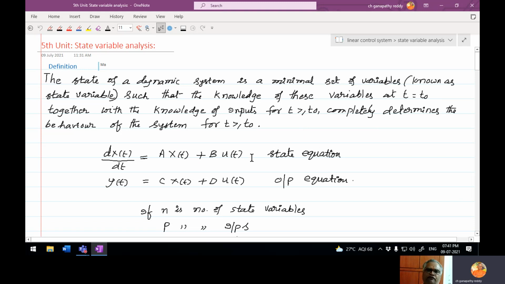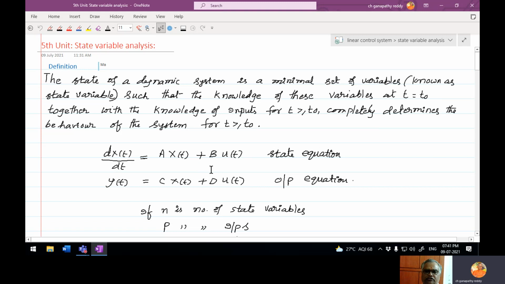That is the beauty of state variable analysis. It is very useful because we can make use of the computer and get the solution fast, whatever the size of the matrix.